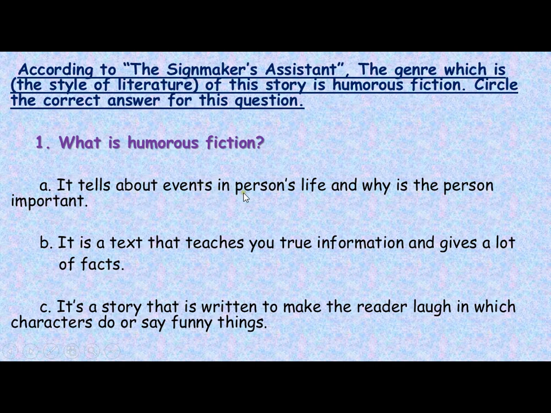This is the biography one. The second teaches you true information and gives a lot of facts. This is an informational text. Or C, a story that is written to make the reader laugh, in which characters do or say funny things. You guessed it, the answer is C, because humorous is something that is super funny, and here characters do or say funny things. Thank you for answering.